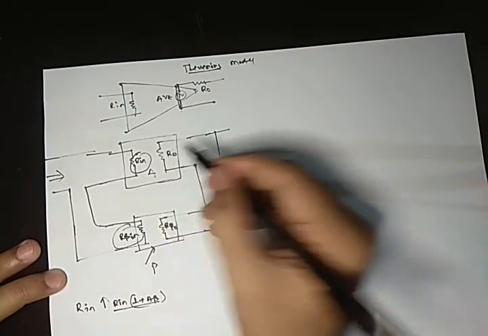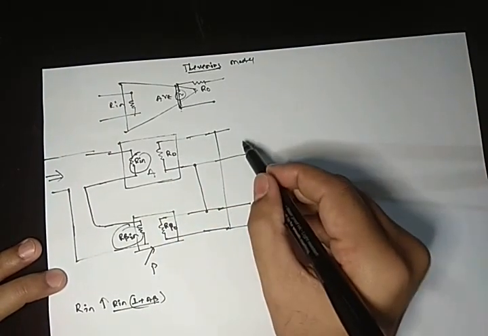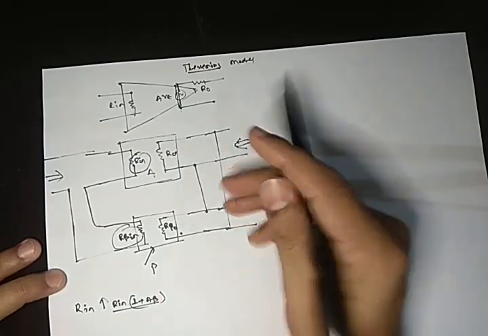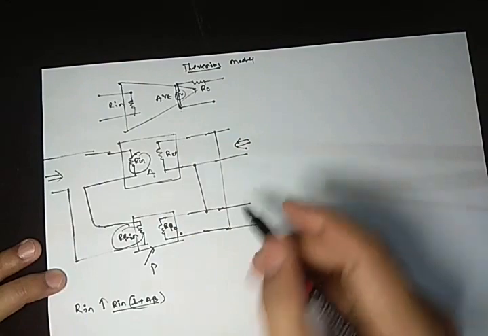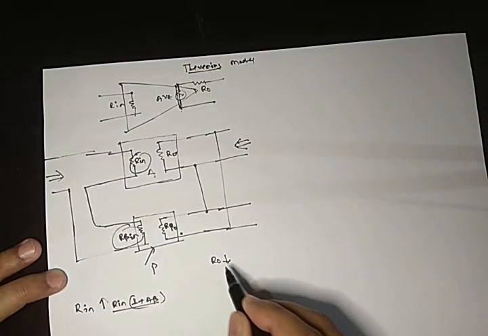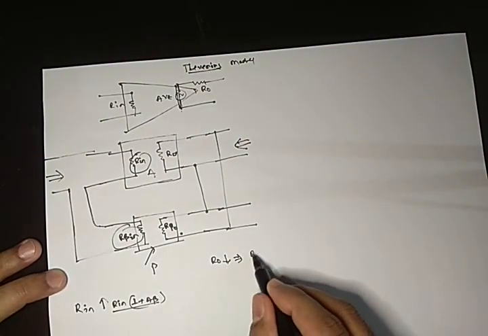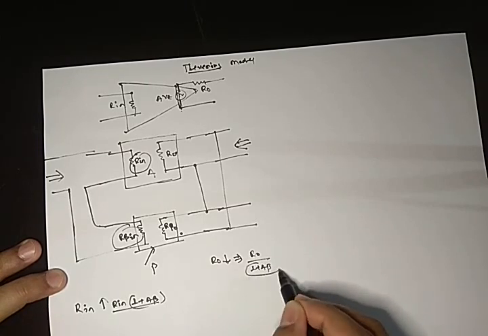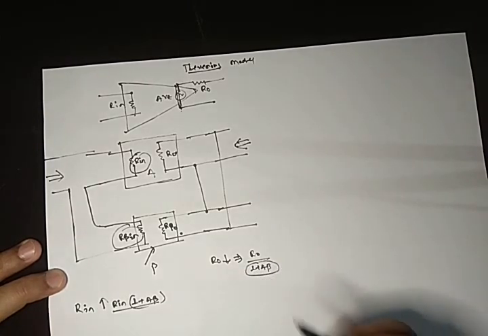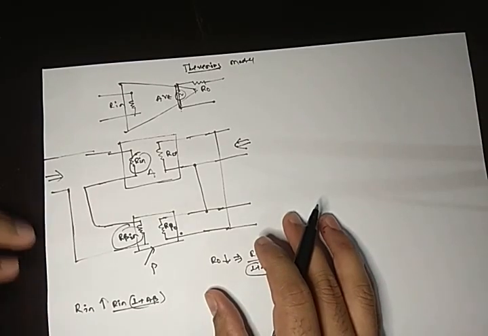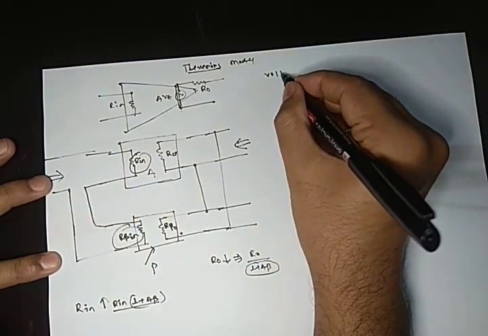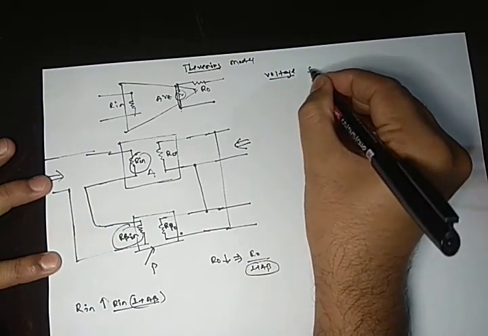Now R0, if we look across this one, this R0 and R beta 0 are in parallel. So output resistance is decreased and will decrease by 1 plus A beta times. Now this is your voltage series.